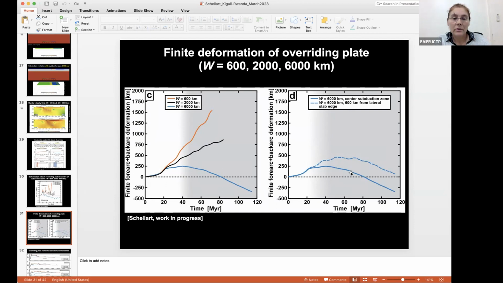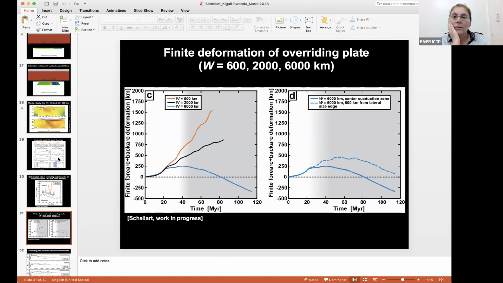Actually, it's great you're showing this, because I had a question with this graph. I was wondering if, along the Nazca plate, you could find a difference of deformation in the overriding plate between the central part and the edges.